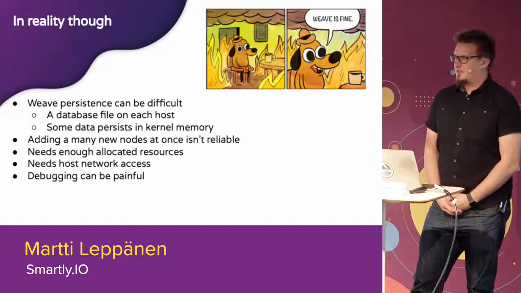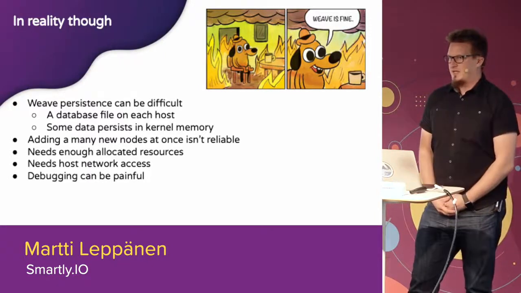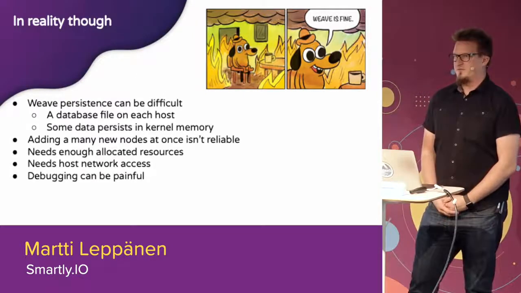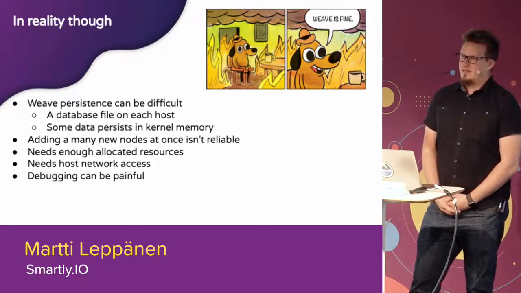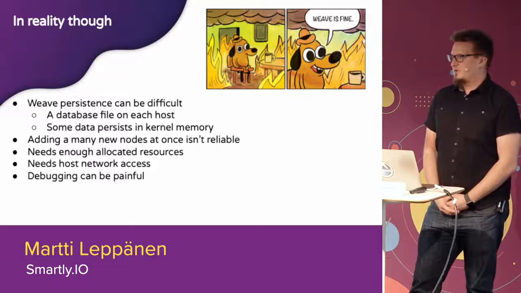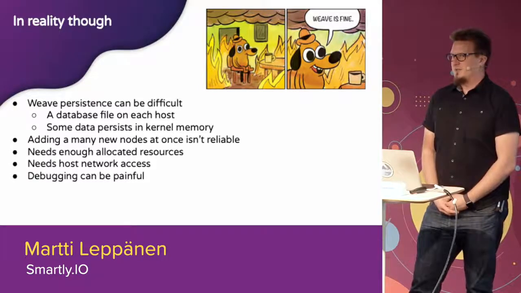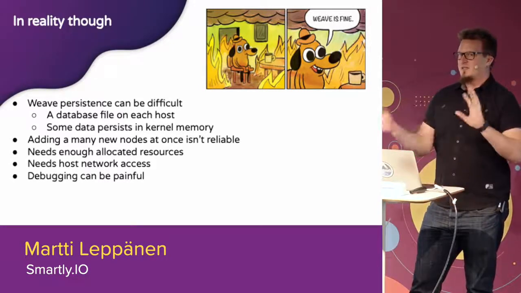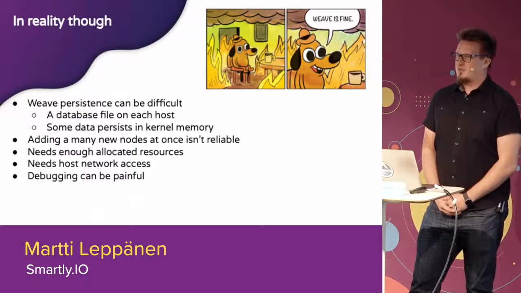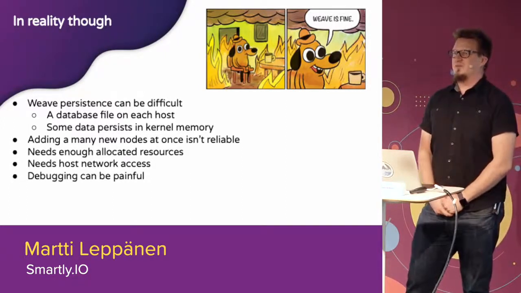There's some other issues that are still kind of unclear. Adding many new nodes to Weave at once is not very reliable. So if you add 20 new nodes to a Weave cluster at the same time, then you might have some issues, because they're trying to communicate with each other and tell which addresses went where, but it doesn't necessarily work.